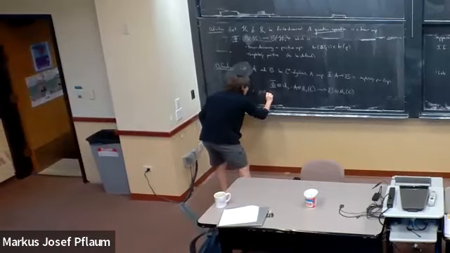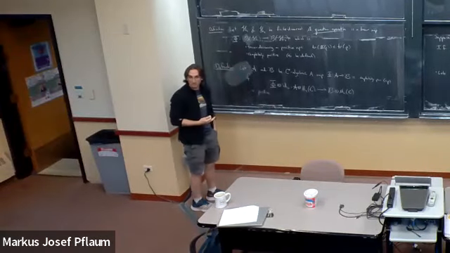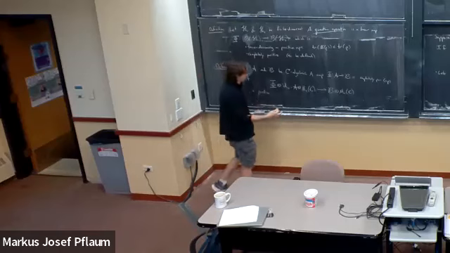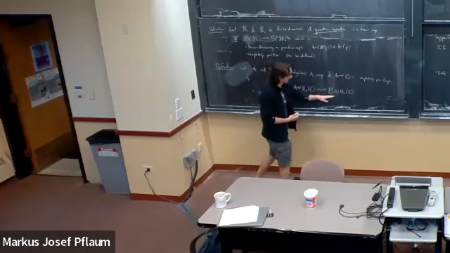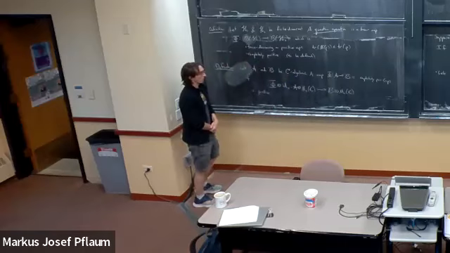Positive means that I map positive elements to positive elements. Positive is a well-defined notion on C-star algebras. This tensor product is the algebraic tensor product, but it has a unique norm that makes it into a C-star algebra. So this is now a map between C-star algebras, and I want it to be positive.